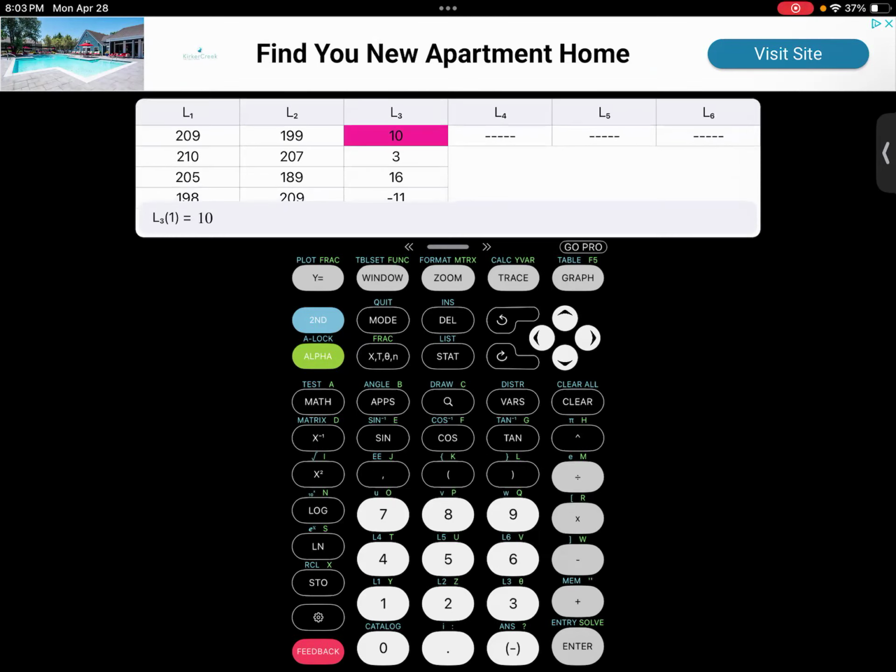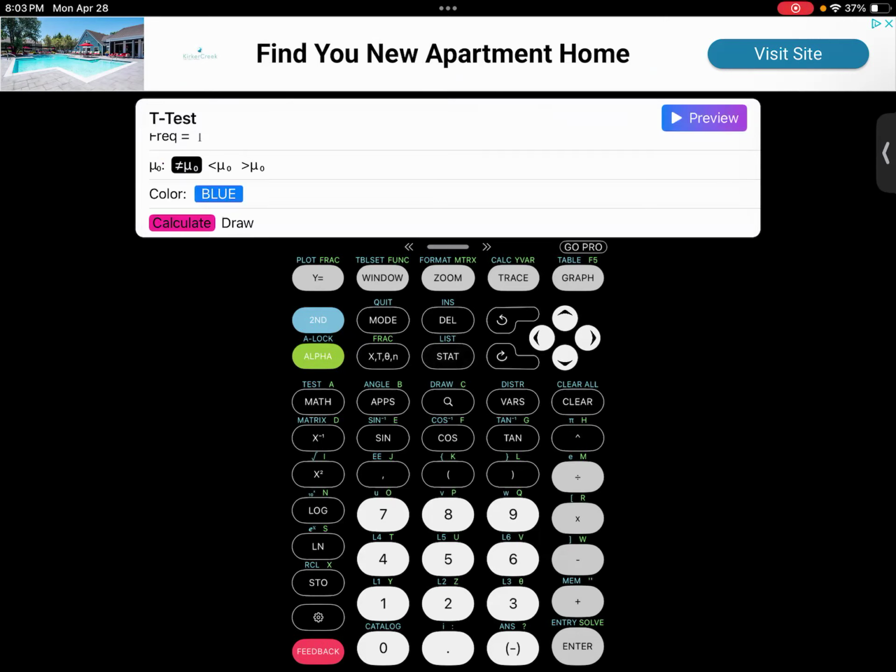So we're going to use this L3, that's our new sample, that's our new data, and we're going to run a hypothesis test with it. So we need to go to t-test, and our mu naught is 0. That's our number in our hypothesis test. We need to change our list to list 3, so second 3, and our inequality is greater than.